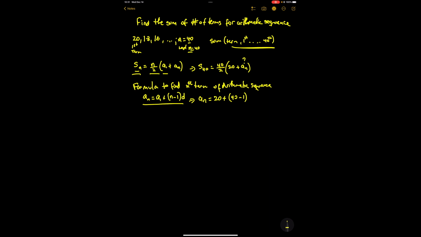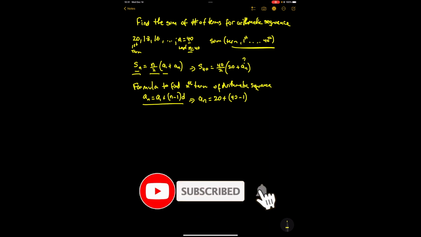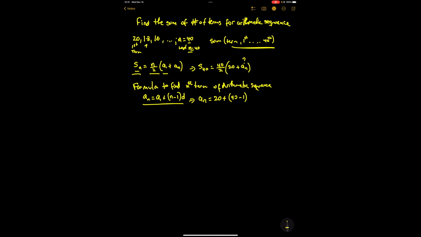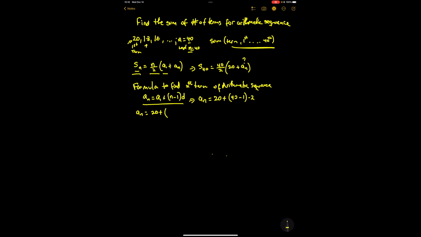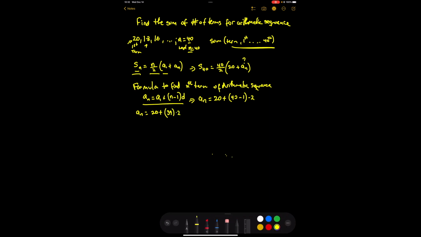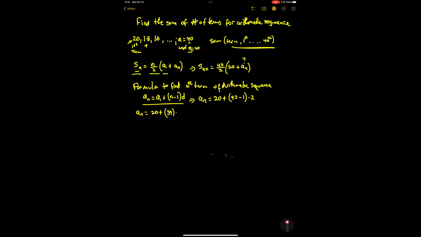The difference is the second term minus the first term. The second term is 18 minus the first term, which is 20, so that will be negative 2. So AN is equal to 20 plus 40 minus 1, which is 39, times negative 2.